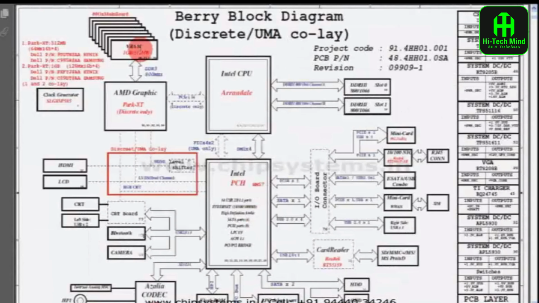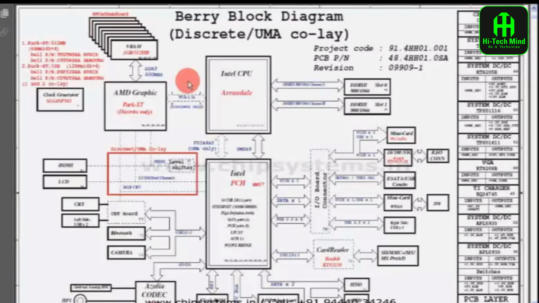Before, we have seen the P4, dual core and Core 2 Duo processor support. Now we are going to see the architectural structure of the laptop motherboard Dell Inspiron N5010. This is the latest laptop motherboard architecture.